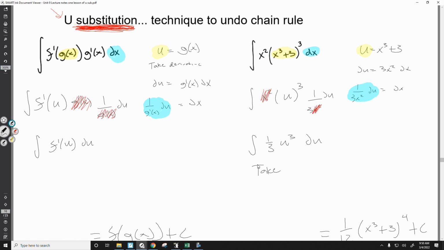We now have something that is a lot easier to look at, that you can take the antiderivative of normally. The antiderivative of u to the third is u to the fourth times 1/4. The 1/4 and the 1/3 now can combine to be 1/12, u to the fourth plus c.